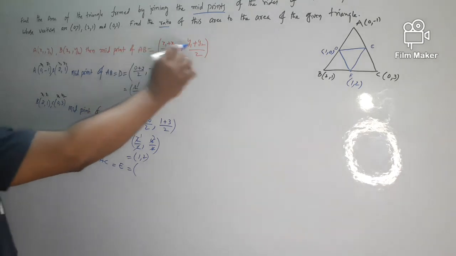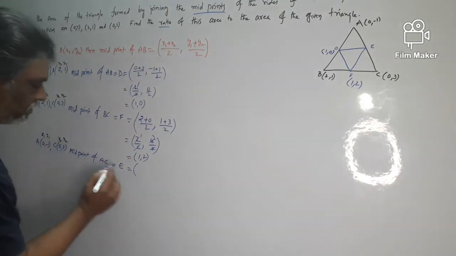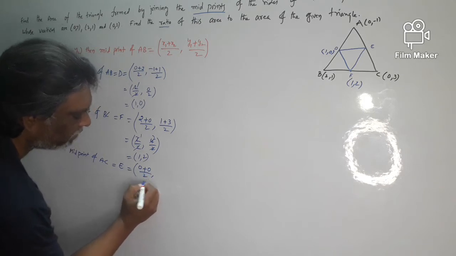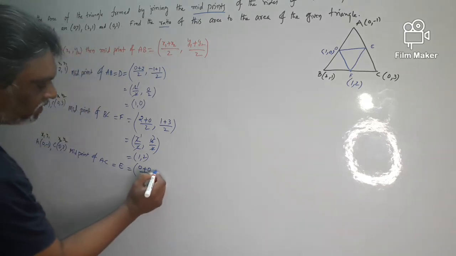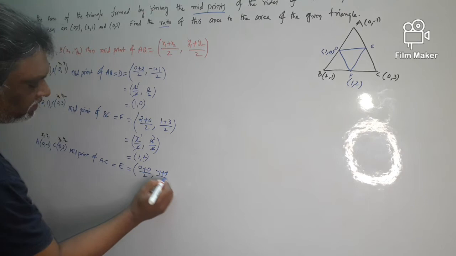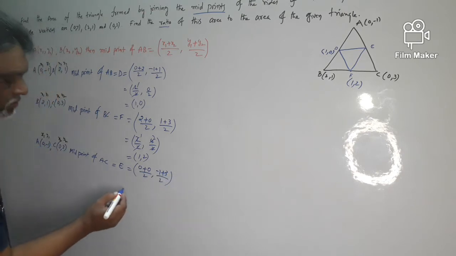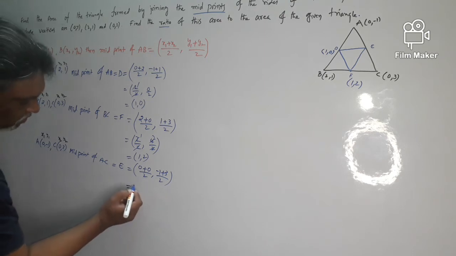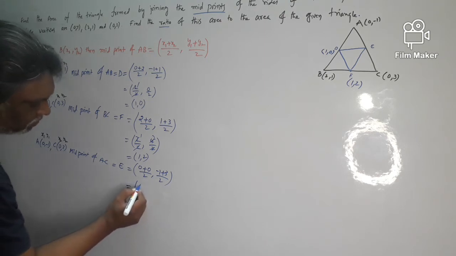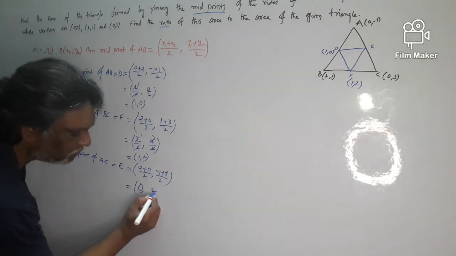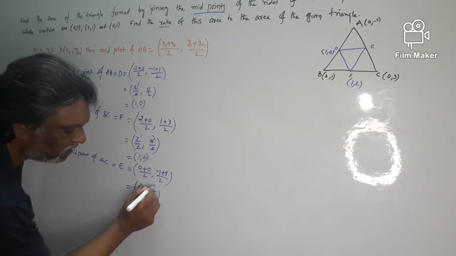Substitute these values in the formula: (0 plus 0) by 2, comma, (-1 plus 3) by 2. 0 plus 0 is 0, 0 by 2 is 0. -1 plus 3 is 2, 2 by 2 is 1.